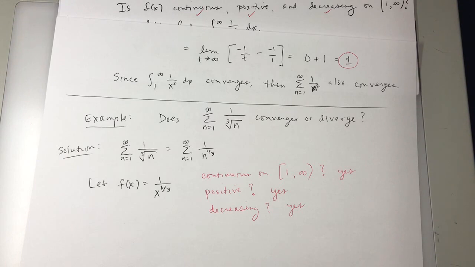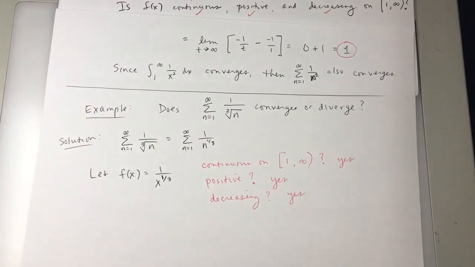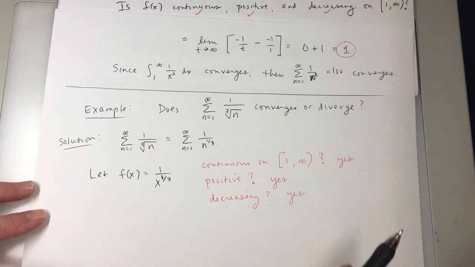You picked test numbers, and in the intervals where the first derivative was positive, then that was what? Increasing. Okay, where the first derivative is negative, then the function would be decreasing. But anyway, this one is decreasing. So we can use the integral test.